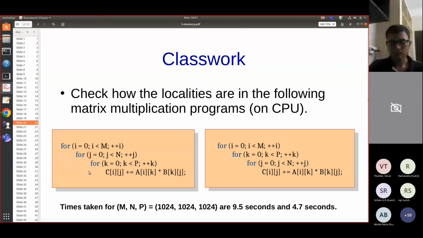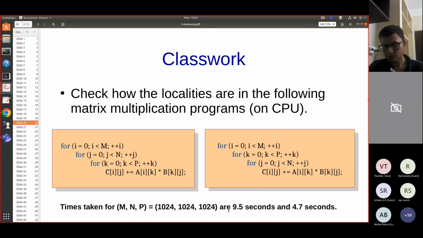In that case, I think all three are in row major order, and the performance will be very much comparable to the second snippet, because all three are being accessed in row major order. There might be some difference in performance, but it will be very close. But here you can see that the performance difference is huge, right? It's almost double.